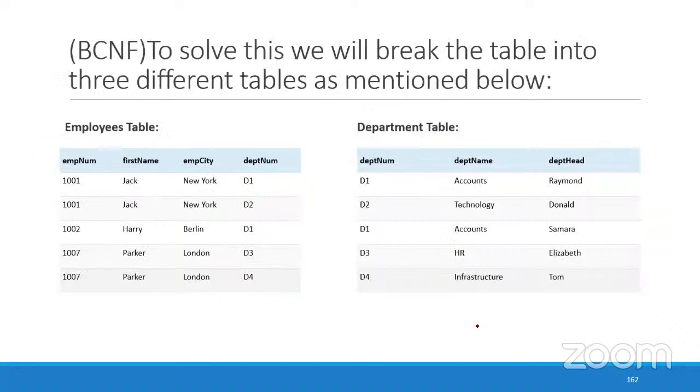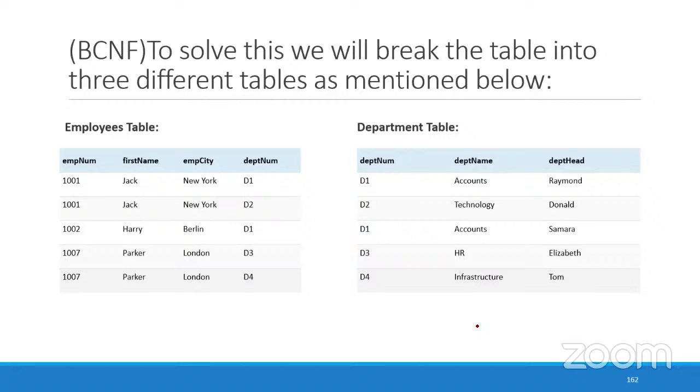We resolve this issue by breaking the table into three tables or two tables. You can use three small tables or two small tables, that is not a problem.